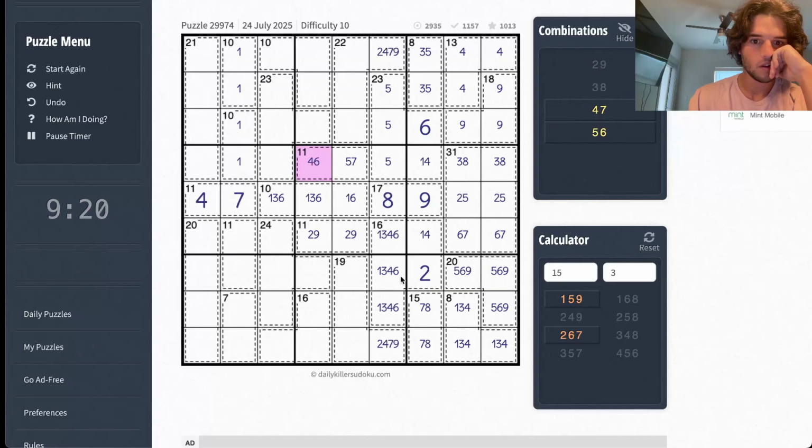And now I've eliminated a 3. This doesn't have a 3, so 3 goes here or here. Hmm. 3, 8, 6, 5, 3 or 8.